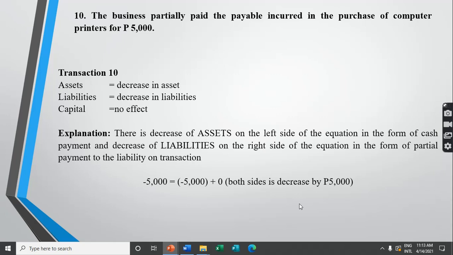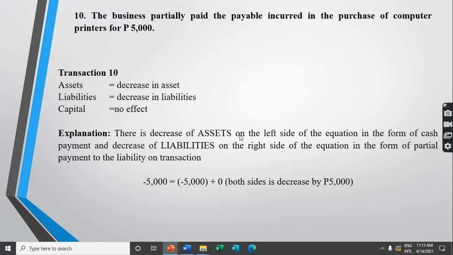So, business daw nagbayad ng kanyang utang pero partial payment lang. Dun sa pinurchase niya noon na computer printers. Magkano yung amount na binigay niya? 5,000 lang. Okay? So, kapag nagbayad ka naman ng utang mo, nabawasan na naman yung asset mo.